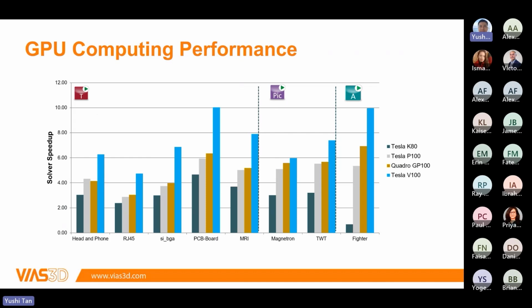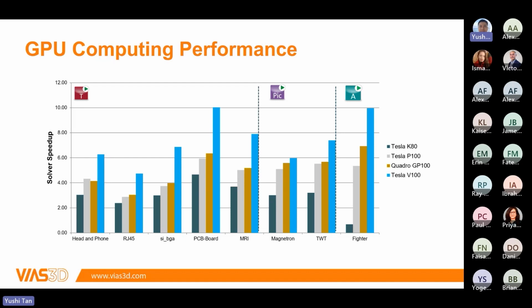In the next slide, I want to show you a typical comparison on various models when using different cards compared to using CPUs. On the very left, we have the K80 GPU, which is pretty dated by today's standards. The second one is the P100, and the third one is the GP100, also in the Pascal series, and then the Volta series.